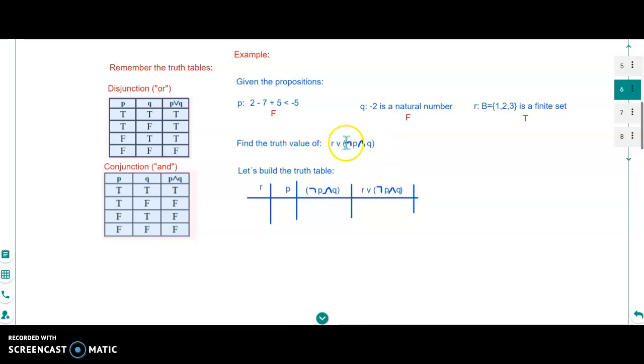We have R or negation of P and Q. Remember, we solve the parentheses first. We write a table with every proposition.